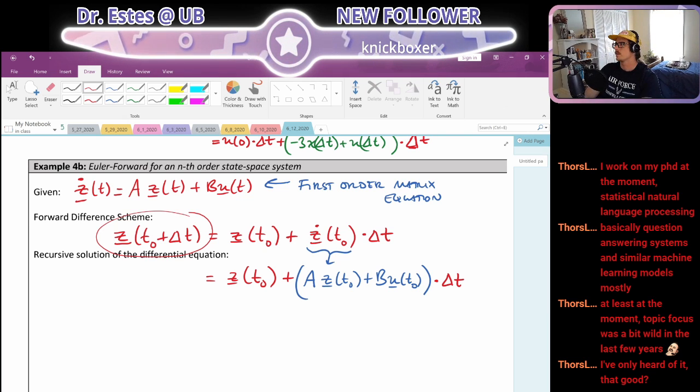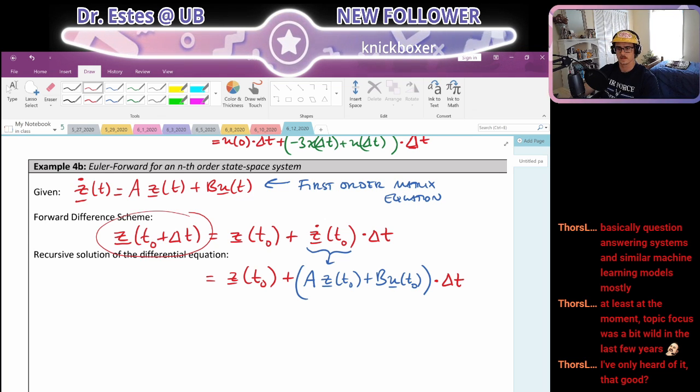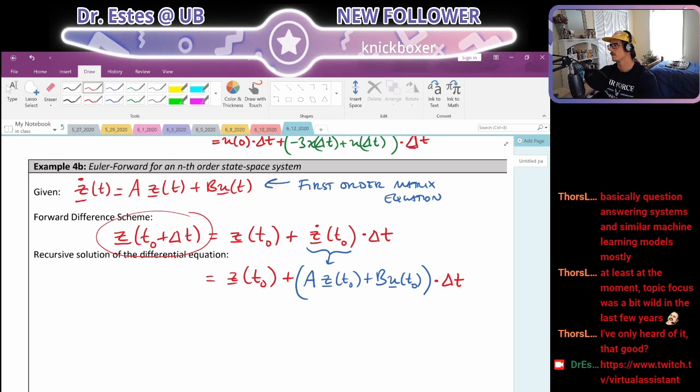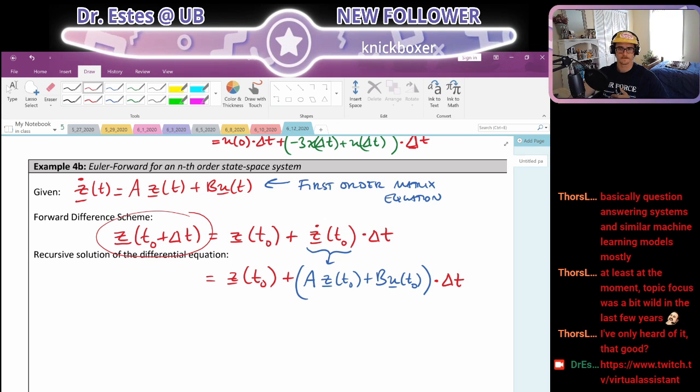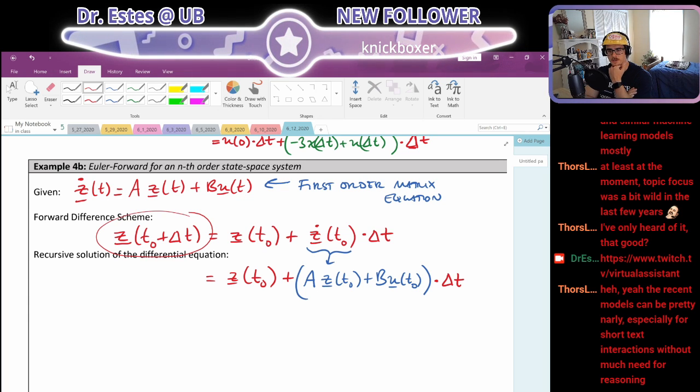Where's that thing? Yeah, the recent models can be pretty gnarly, especially for short text interactions without much need for reasoning.